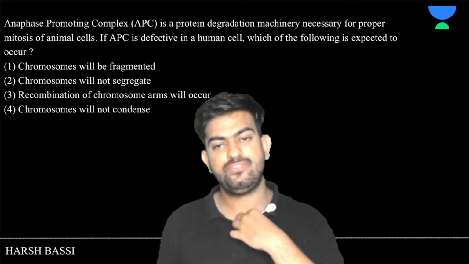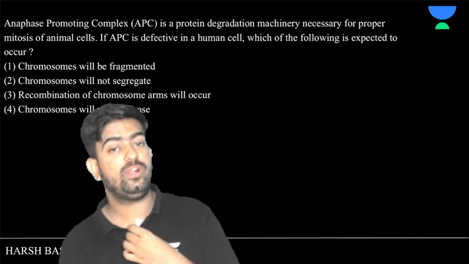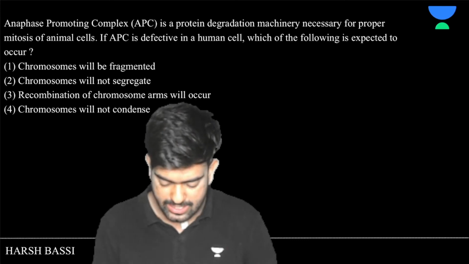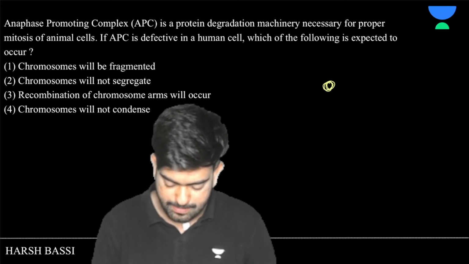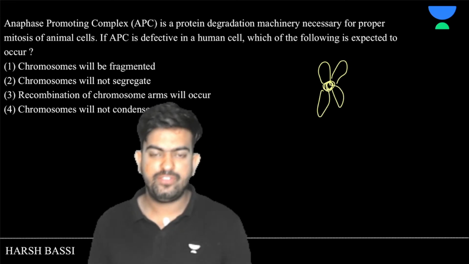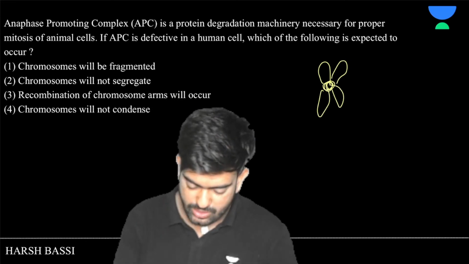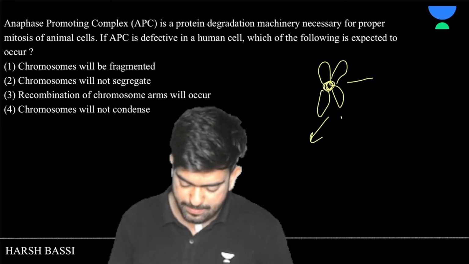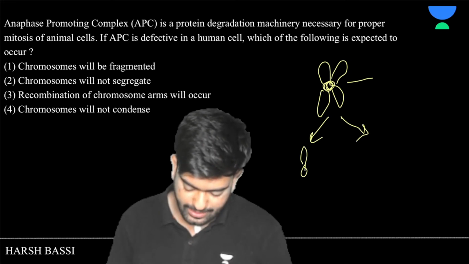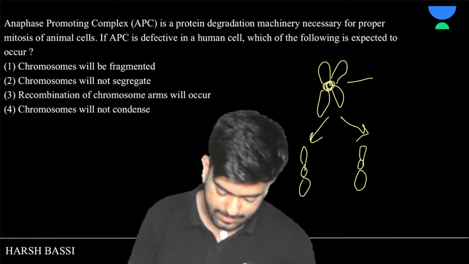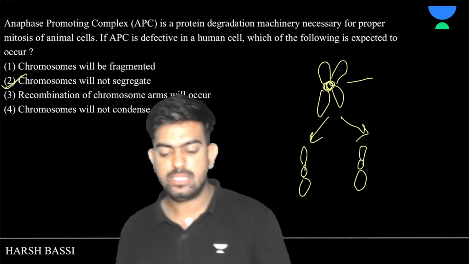So in mitosis, in anaphase, what is happening? The chromosomes are separating. So what will not happen? Chromosomes will not be segregated.